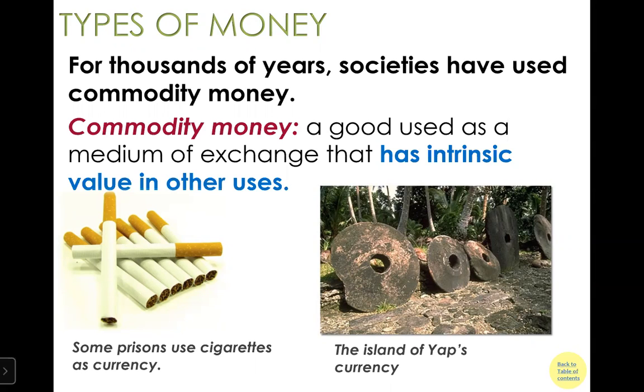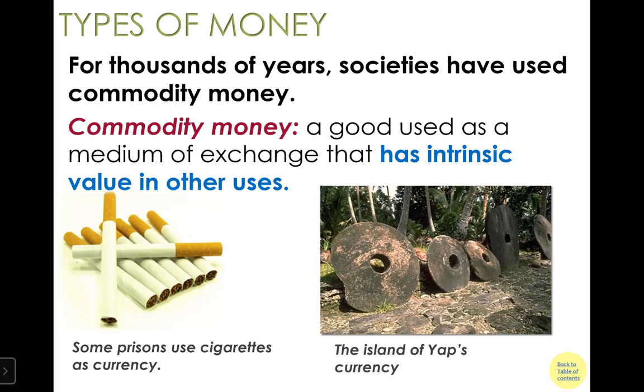Like cigarettes: whoever smokes, the cigarette can give them some benefit, or they can derive some utility from the cigarette itself. On the right-hand side, those stones themselves can be used as building blocks. It is useful. So this is commodity money.